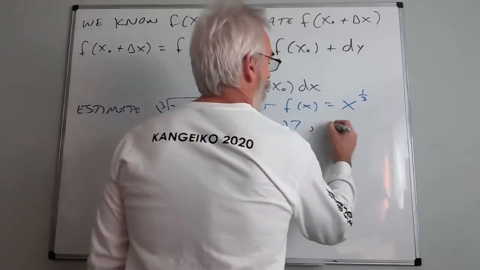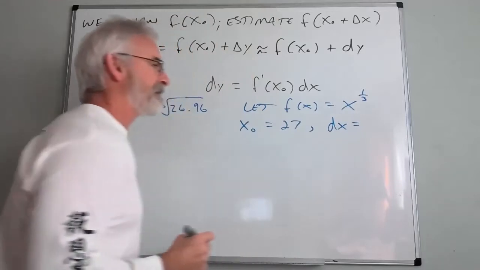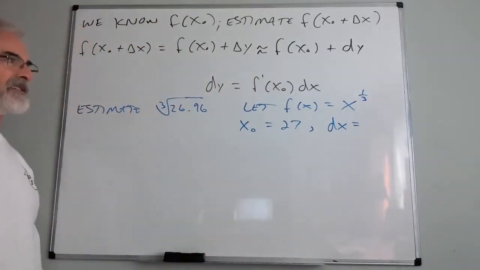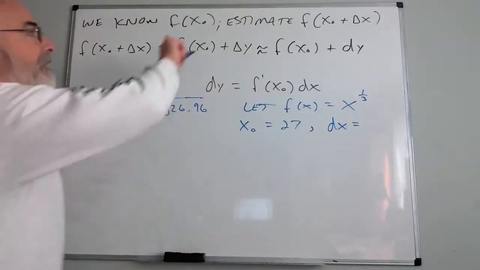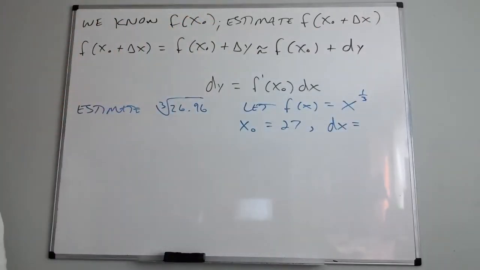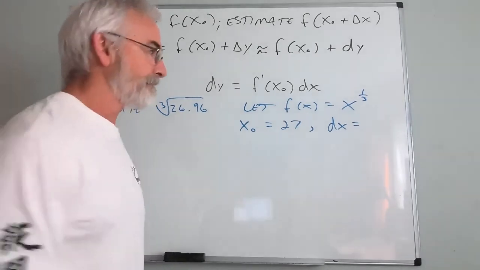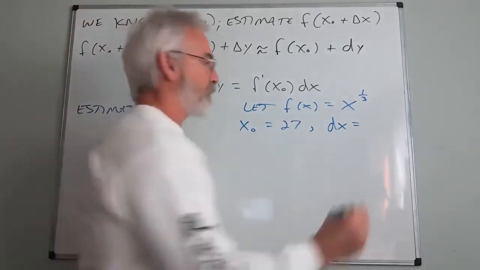Now, what is my dx, which is the same as delta x? You gotta be careful, because remember, you're adding delta x or dx. This one always throws everybody. What is my change in x going to be? Negative 0.04.